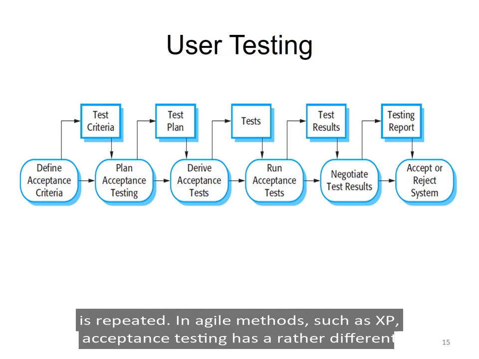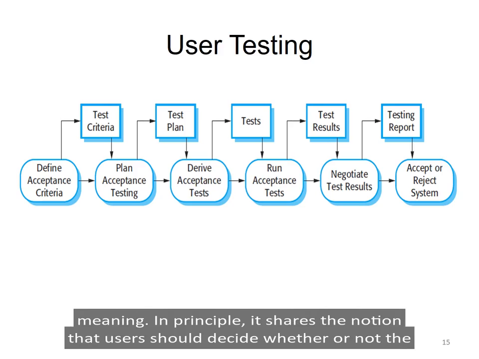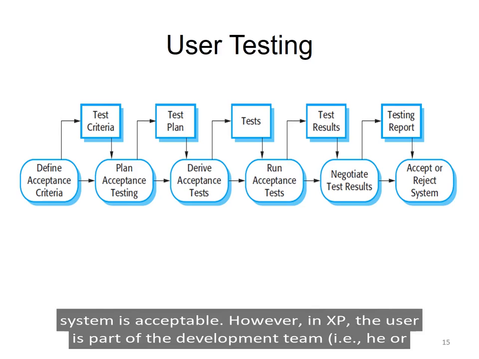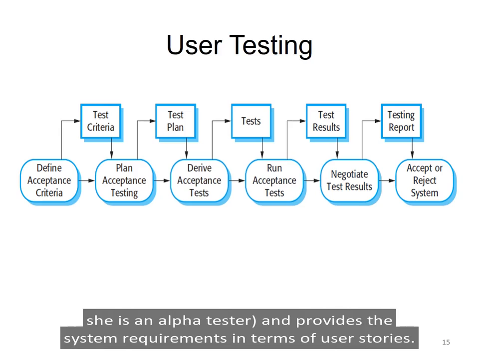In agile methods, such as XP, acceptance testing has a rather different meaning in principle. It shares the notion that users should decide whether or not the system is acceptable. However, in XP, the user is part of the development team, as he or she is an alpha tester, and provides the system requirements in the form of user stories.